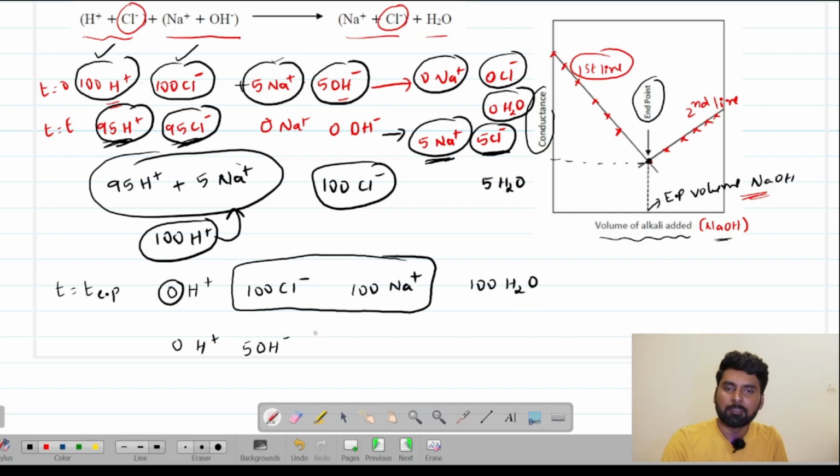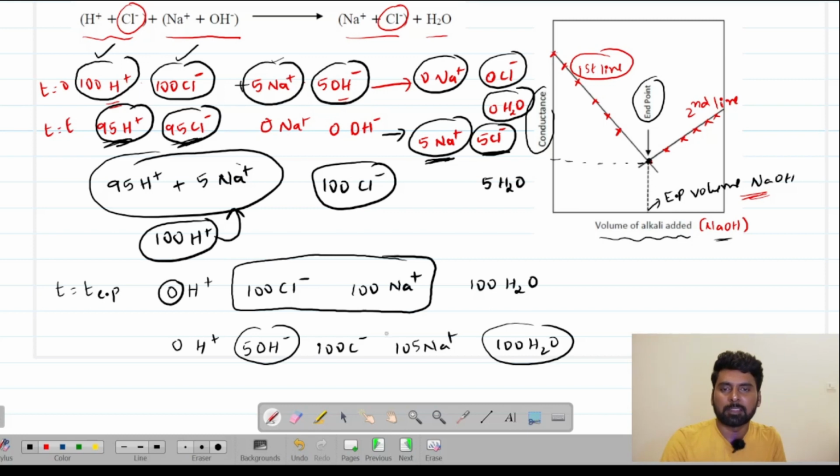The beaker already contains 100 Cl minus and 100 Na plus. You added 5 NaOH, so 105 Na plus and 5 OH minus. Obviously there is no reaction, so the amount of water already formed won't change.